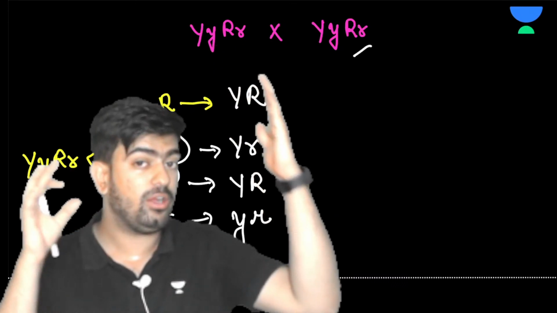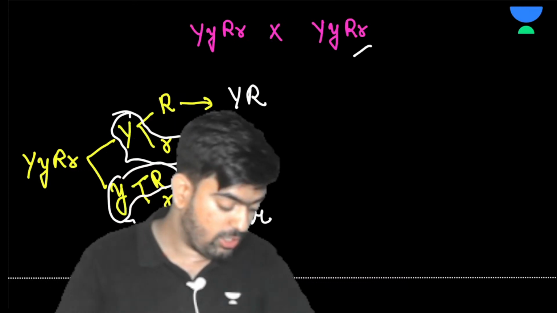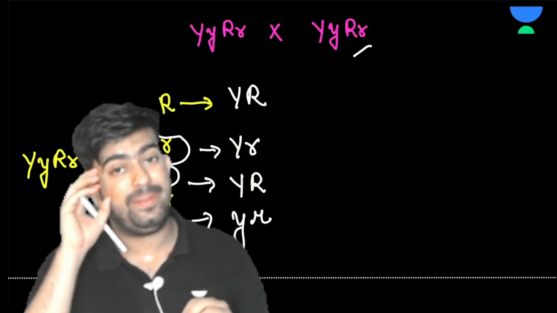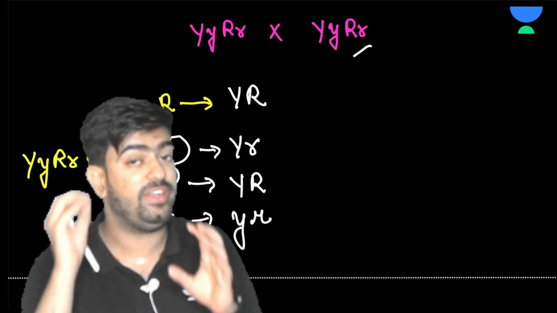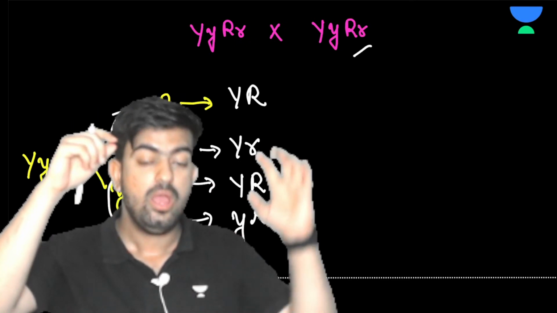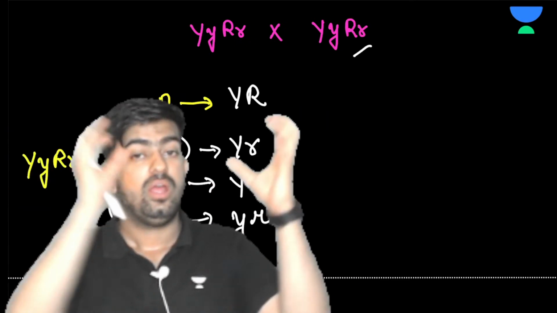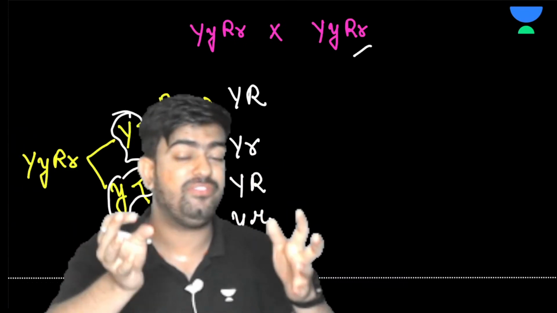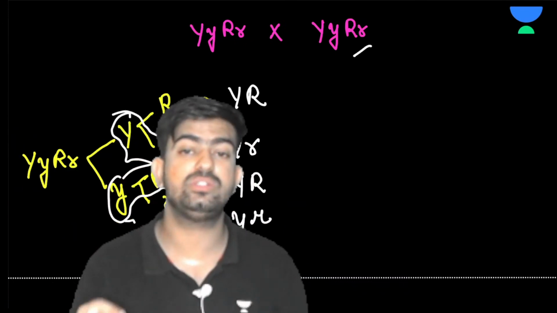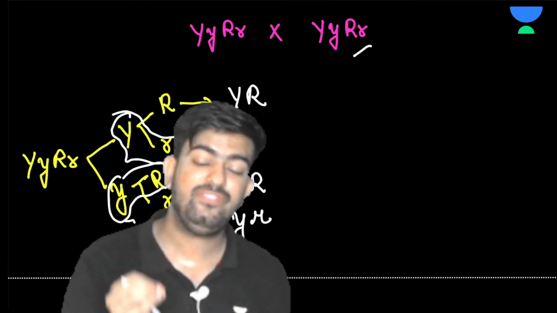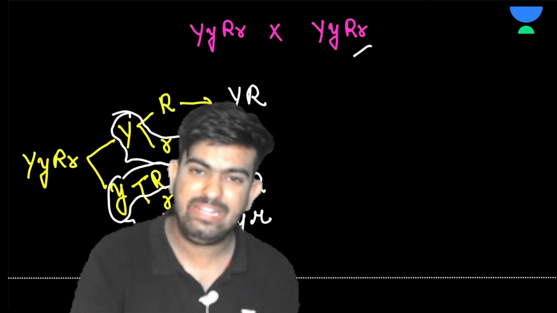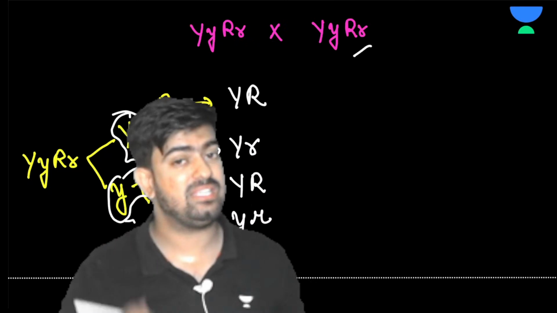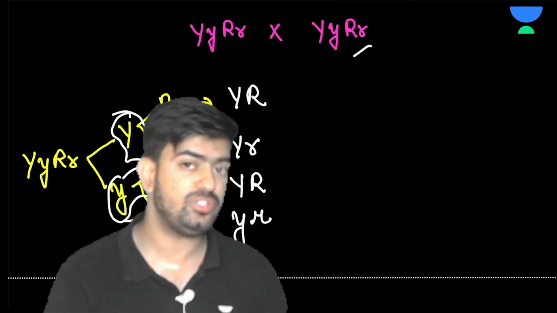To make the cross manually without following any rules would be very hard and confusing, and we will make mistakes. That's the reason Mendel developed the Punnett square, which we also did in the monohybrid cross.